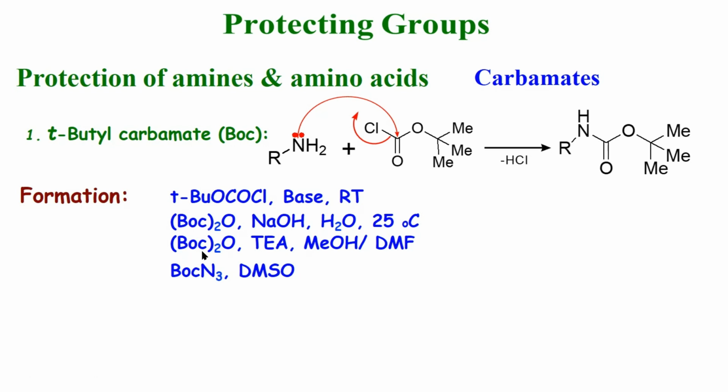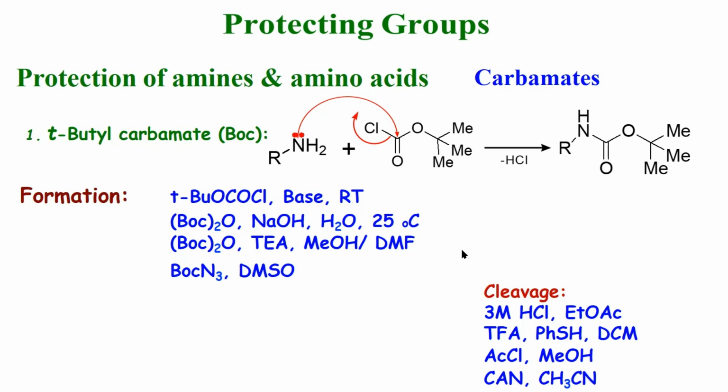The same reaction can be accomplished by using tertiary butyloxycarbonyl azide in the presence of an aprotic solvent like DMSO. When a few amines and amino acids are not soluble in polar solvents, we go for aprotic solvents. These are the various methods of preparation of tertiary butyl carbamates.